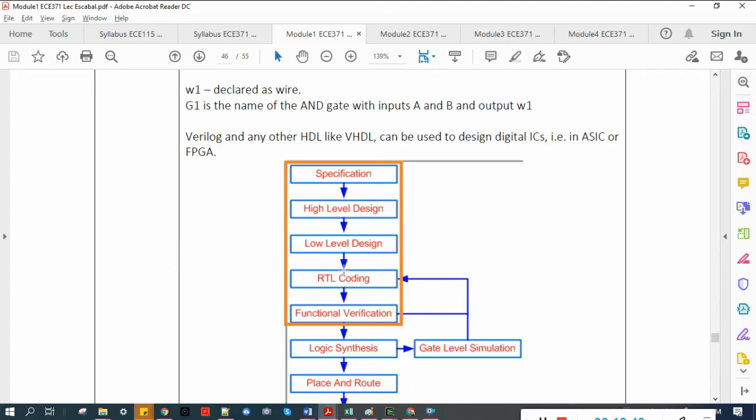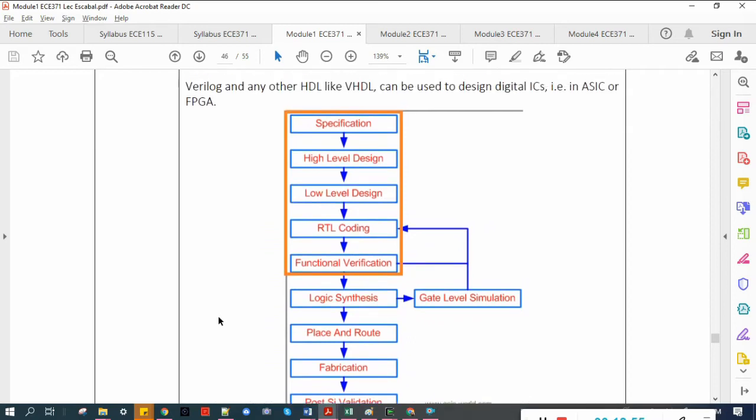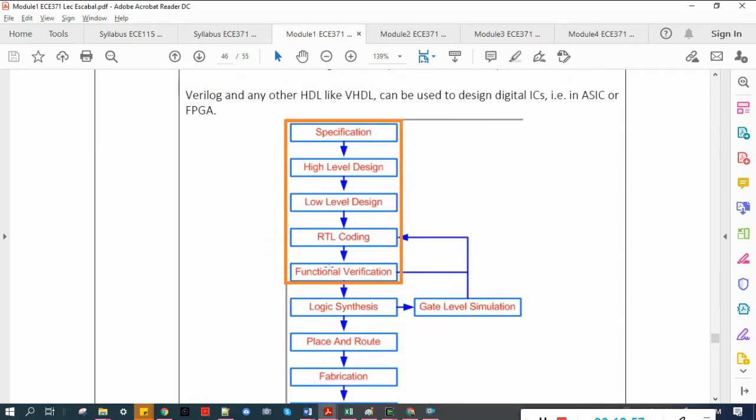And then after creating our RTL code, we will do functional verification. This means that we will not be including timing verification.